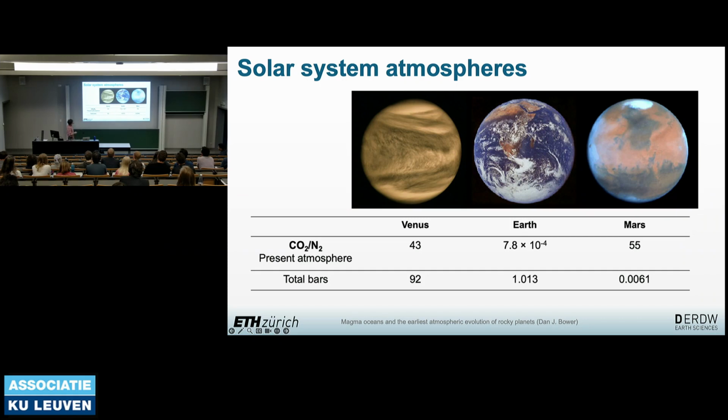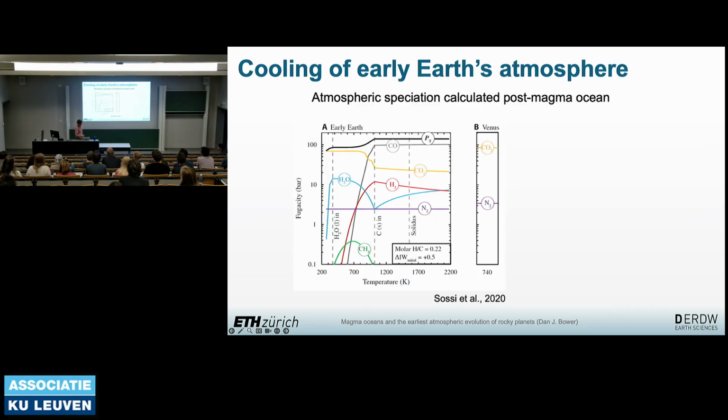Okay, so if we go back to the solar system atmosphere question about Venus and Mars having a CO2 over N2 and Earth being different, we can begin to address this question. And what we do is that we can take the initial atmosphere that was in equilibrium with the magma ocean for Earth, and then we put that atmosphere in a box and we just cool it, okay, to the present day equilibrium temperature of Earth.